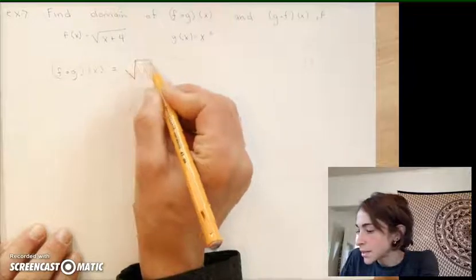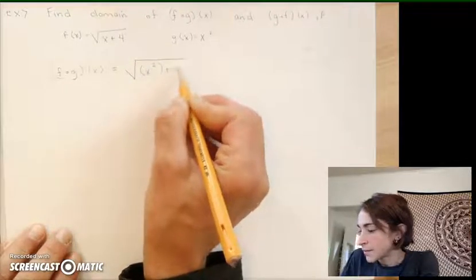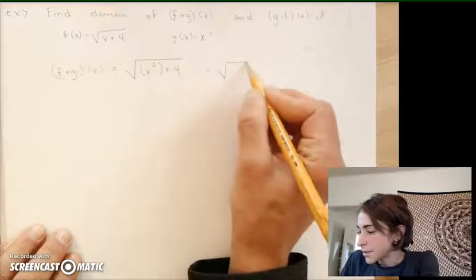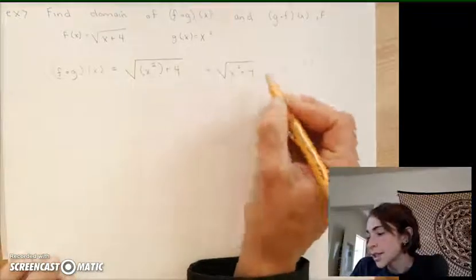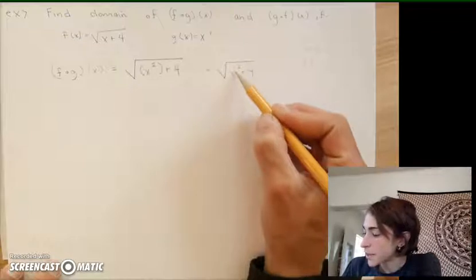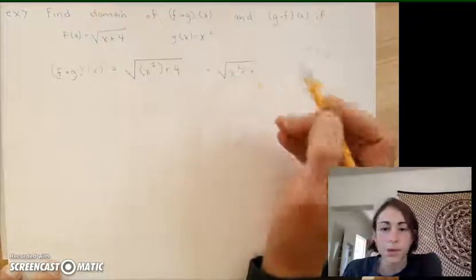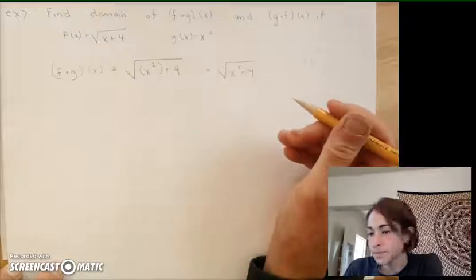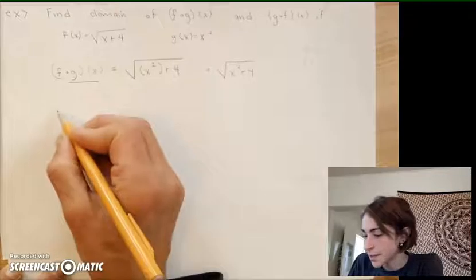It's going to be the square root of x squared plus 4. This looks like it should have domain all real numbers, because whenever I square something, it will be positive, so x squared plus 4 will always be a positive number. But we need to check it formally. We need to see what the domain of g is.